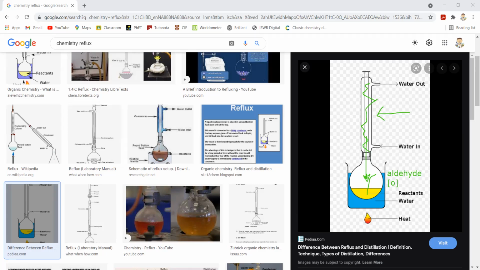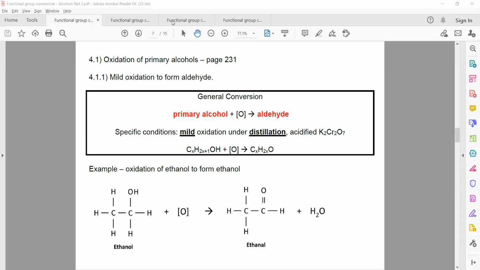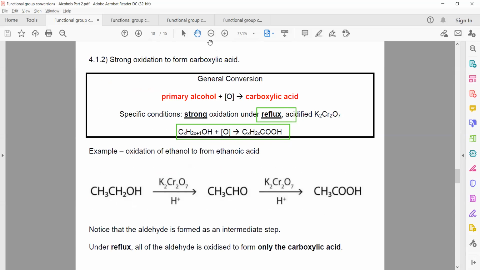If you go back to the conversions, a primary alcohol with mild oxidation gives you the aldehyde, because the product comes out and you can take it away from the reaction mixture. But if you leave it in there for longer, if you let it reflux and drip back into the mixture, that's what strong oxidation under reflux means: you're going to form the carboxylic acid.